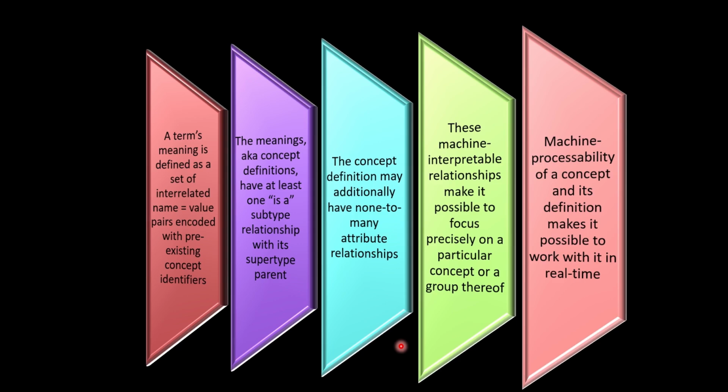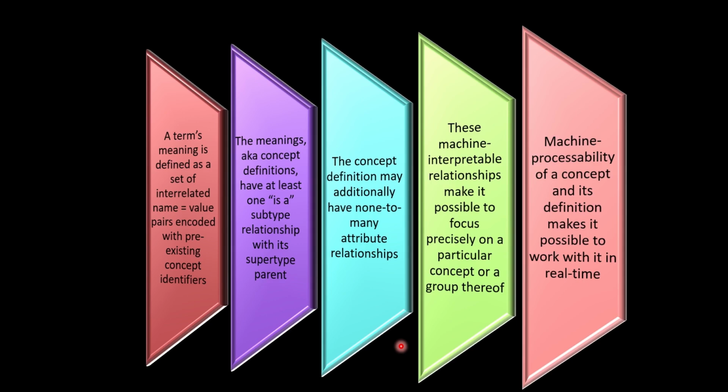This results in the entire meaning being machine processable, with even the attribute and values having their concepts defined as machine processable meanings. Since these pre-exist and are used to encode the various relationships, it makes the entire meaning and each part thereof machine processable and machine interpretable.